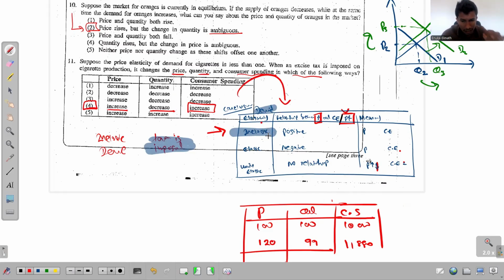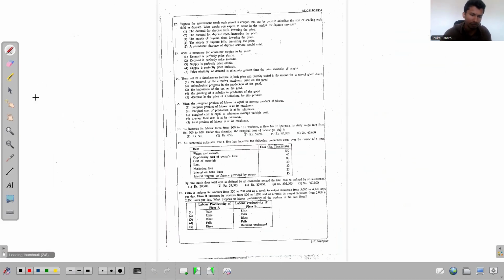If the demand is inelastic, we have a positive relationship between price and the producer's revenue. So when price increases, the consumer expenditure also increases. On a table like before, you can recognize the answer. So for this question 11, the fourth one is the answer.